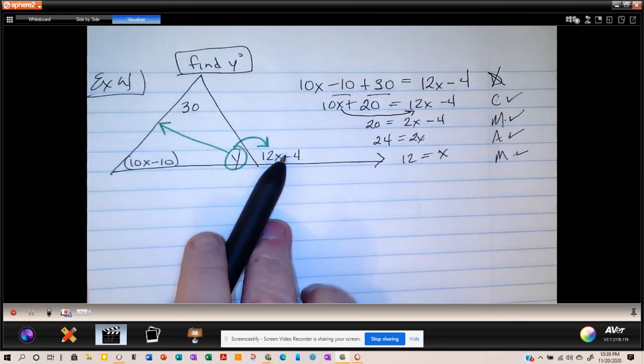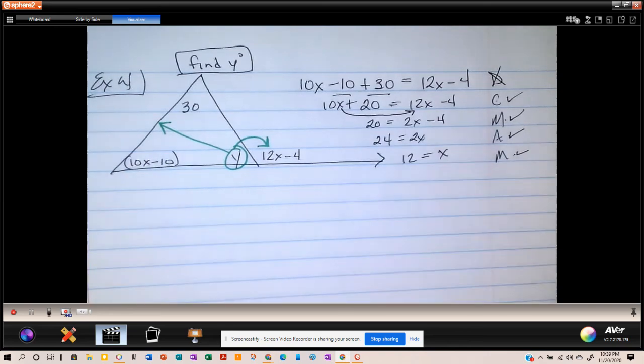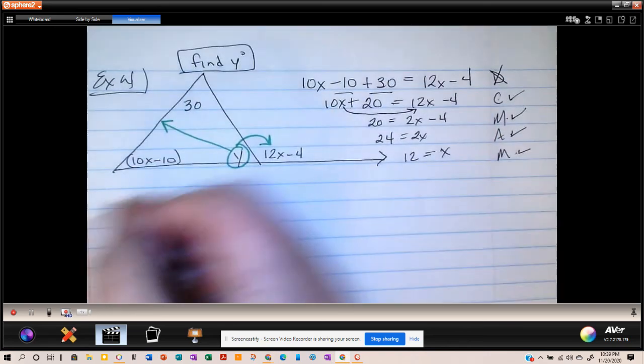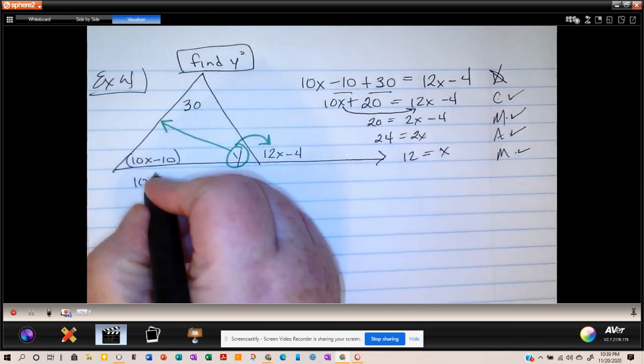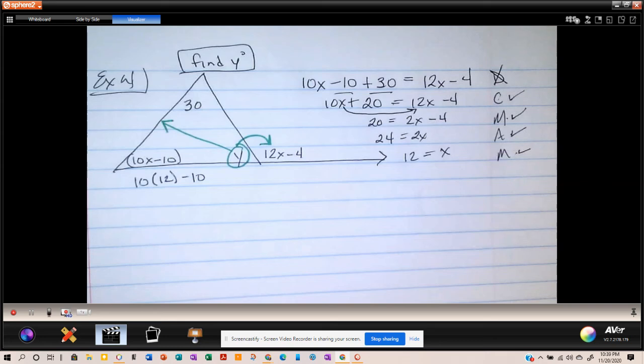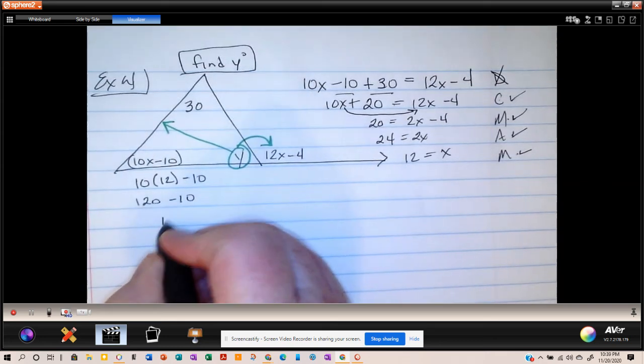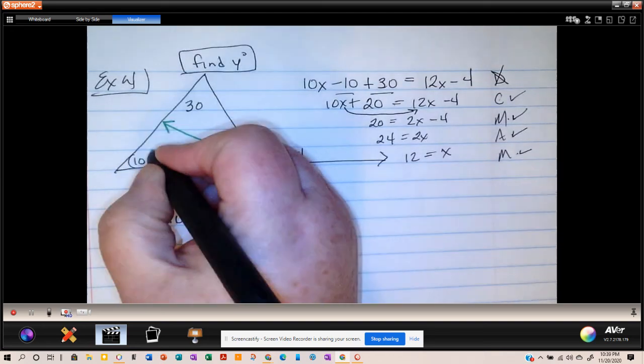Can I put this in for here and then do something with the triangle? Sure. So let's do this over here. Let's do 10 times 12 minus 10. That would be 120 minus 10, which is 110. So this is 110 degrees.